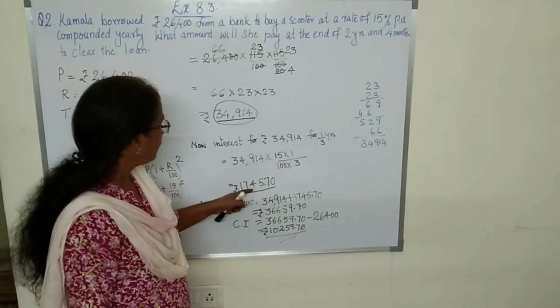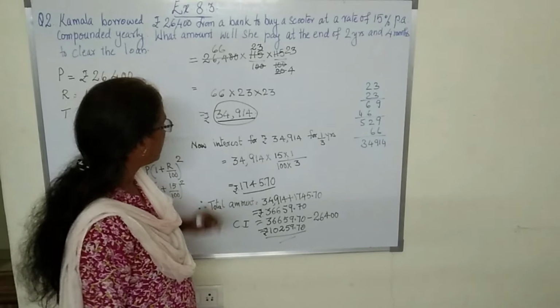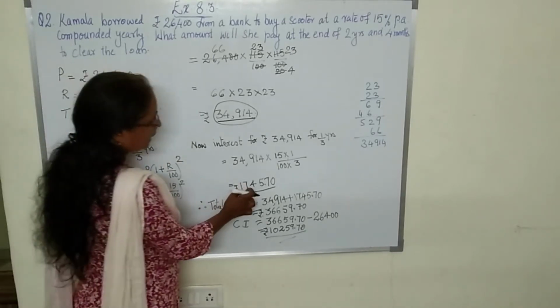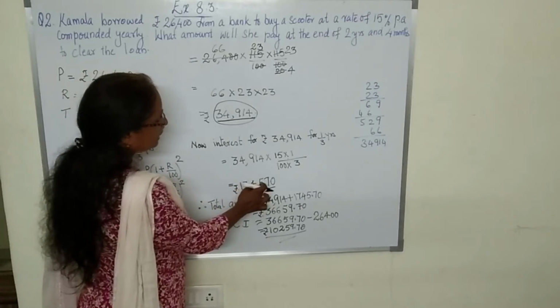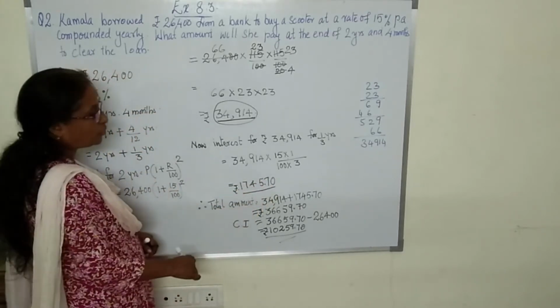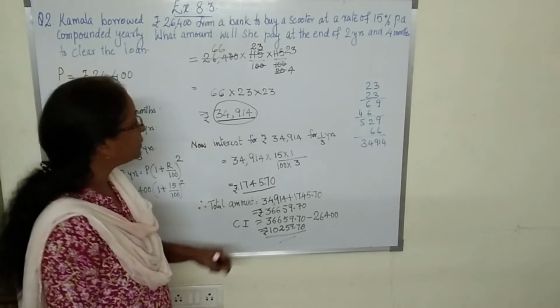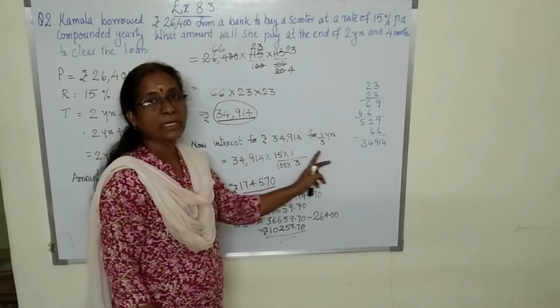Now calculate it. When we cancel, we get 1,745.70 rupees as the interest for 1/3 years.